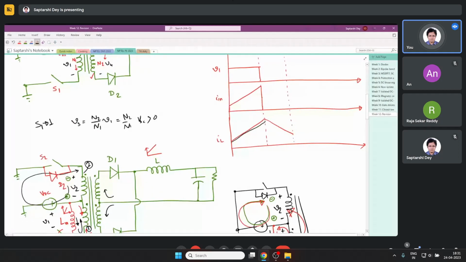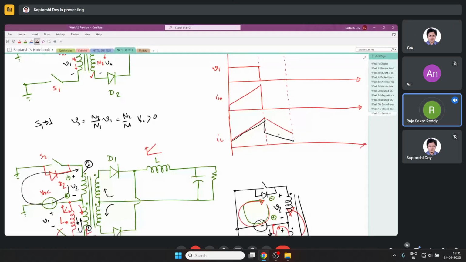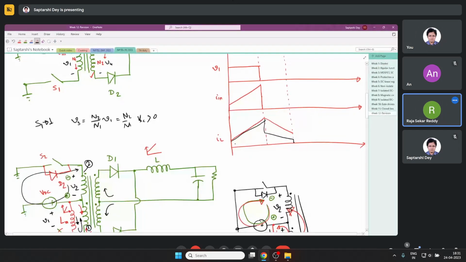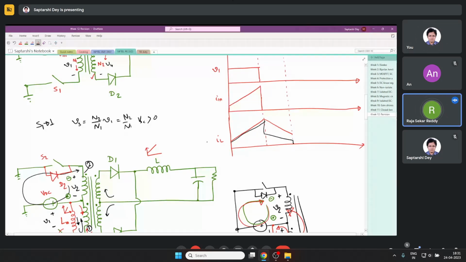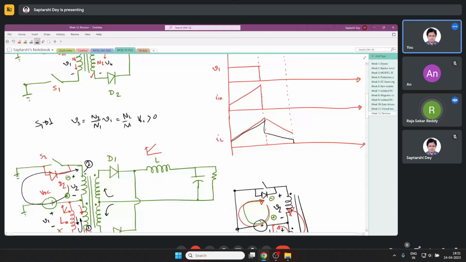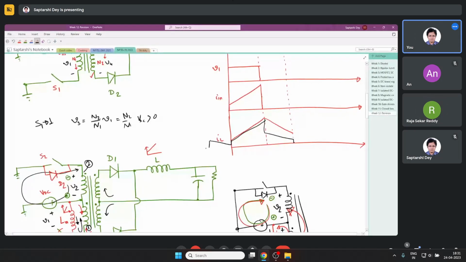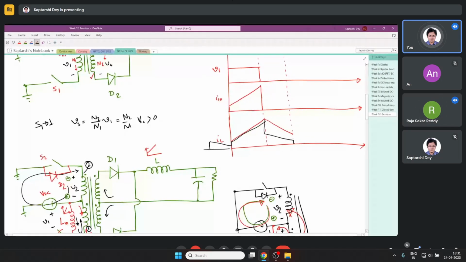Then when it is off, it will become half because it is sharing with the other diode, and then stop. And before this, it was sharing, reducing from somewhere half of this value like this. So this black one is the diode current.